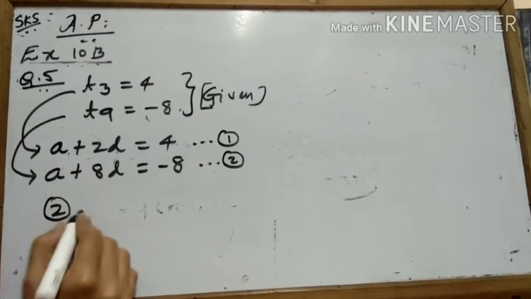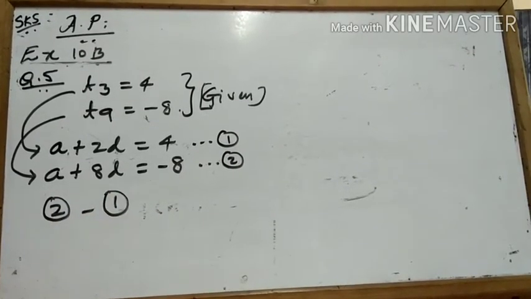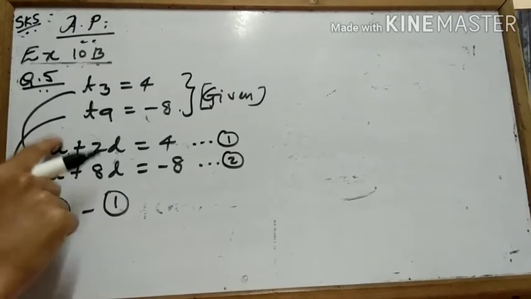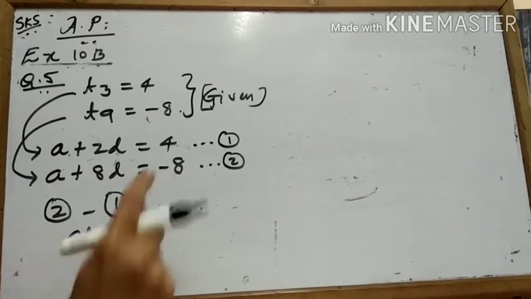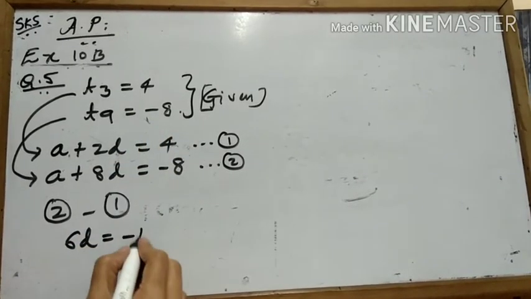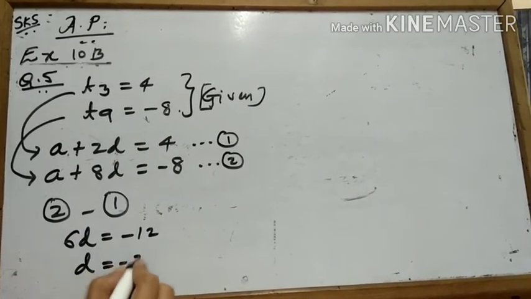If I do subtraction of first equation from second equation, A minus A will be 0, 8D minus 2D will be equal to 6D, negative 8 minus 4 will be negative 12, so D is equal to negative 2. I got the value of D as negative 2.